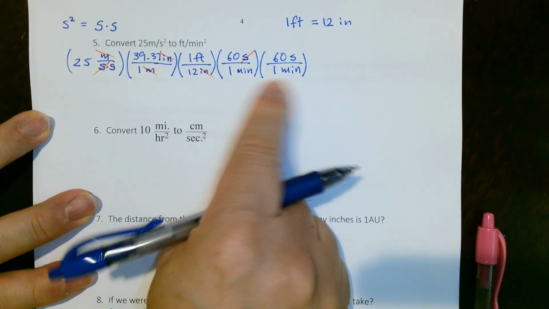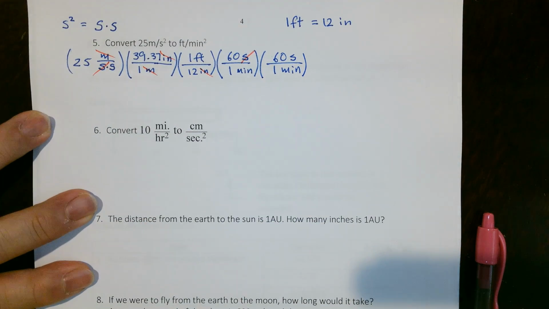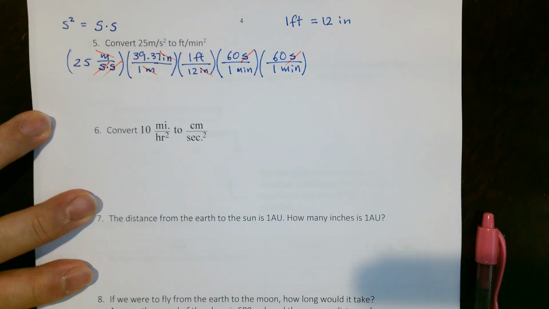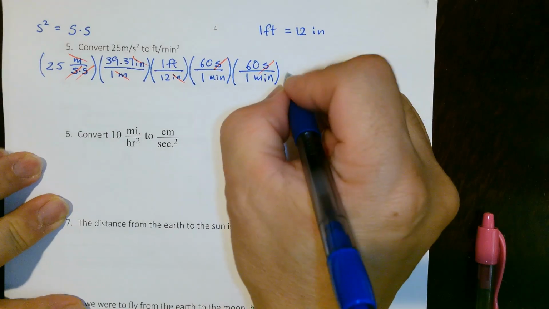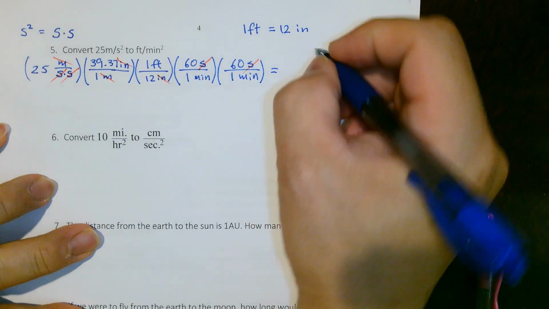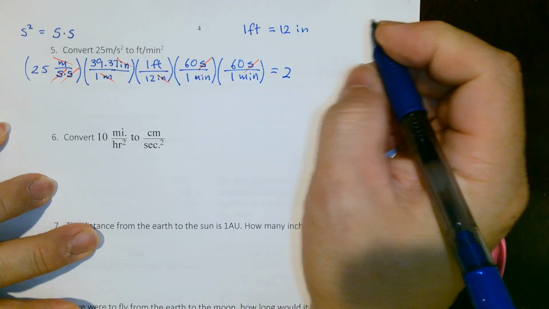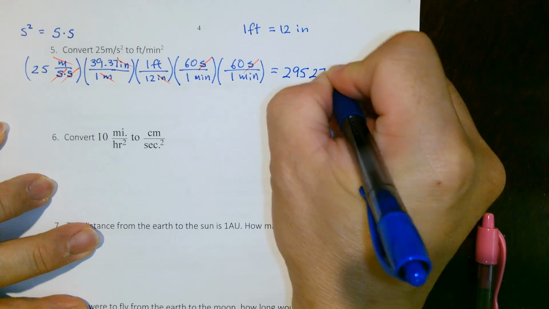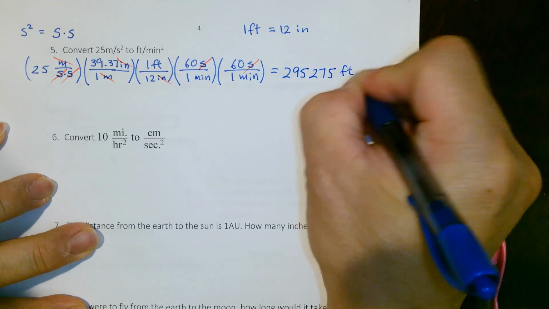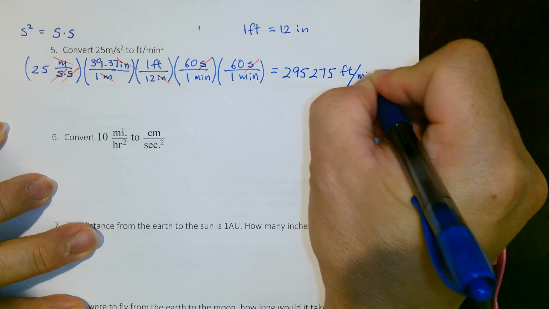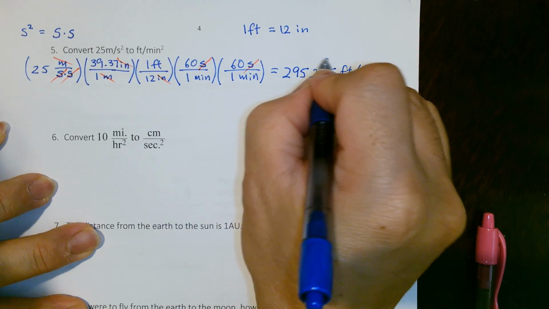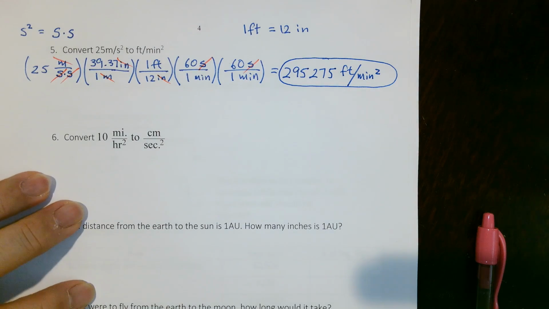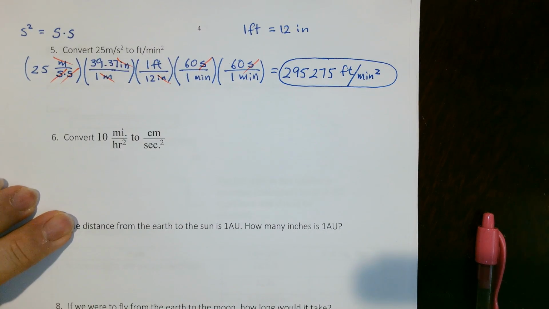Now we have minutes squared at the bottom, getting rid of the seconds. And if you work that out, you're going to get 295,275 feet per minute squared as your answer.